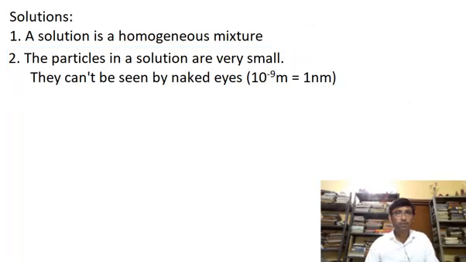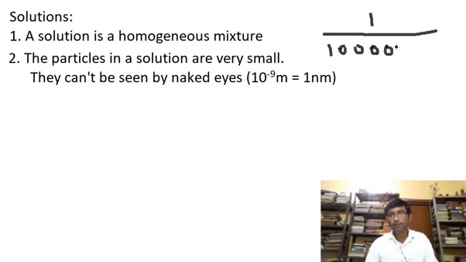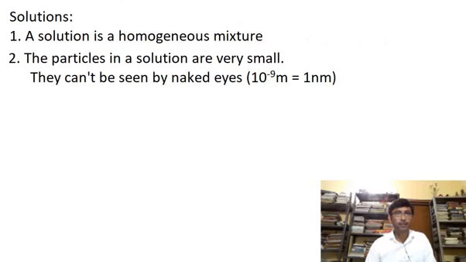So the particles are so small, 1 by 1 followed by 9 zeros. So this is the size of one particle of the solution, the particles that are dissolved in the solution. So the particles of a solution are so small and they cannot be seen by naked eyes.